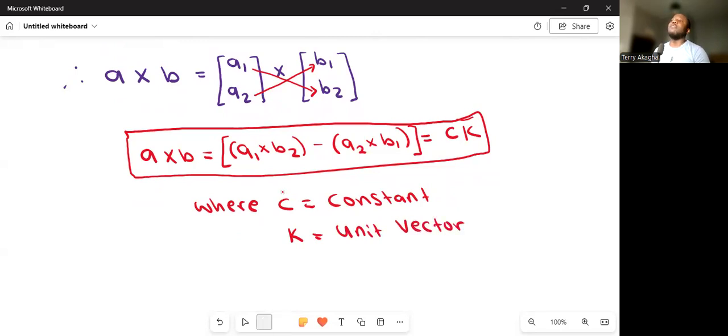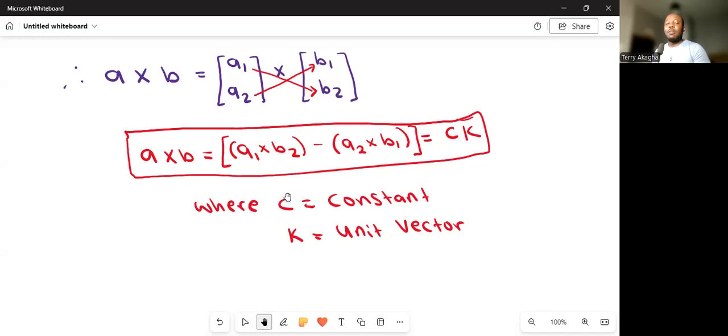All right, and this is the first formula for a two-dimensional vector. You have A1 multiplying B2 minus A2 multiplying B1, and that will give you the answer. So you're going to get a constant with a unit vector. All right, so that will give you that.